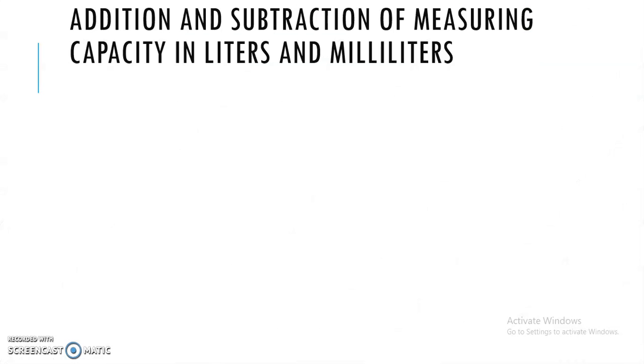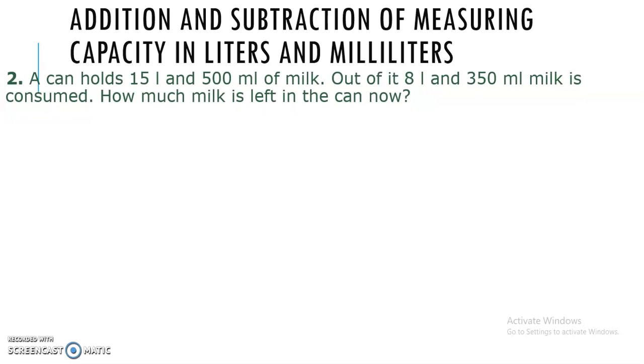Now, let's see a word problem. Question 2. A can holds 15 liters and 500 milliliters of milk. Out of it, 8 liters and 350 milliliters of milk is consumed.